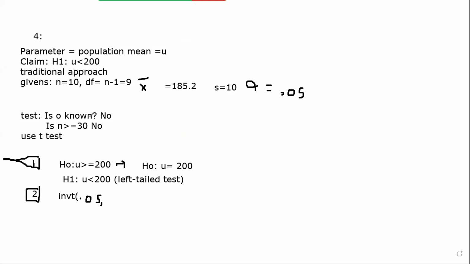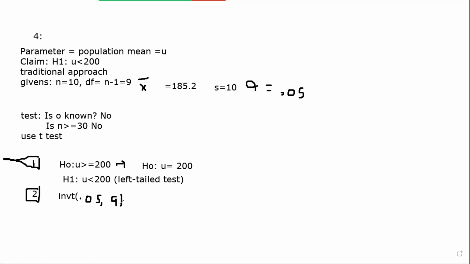And your degree of freedom, we have that written down. It's 1 less than n. That's 9. So my critical value, let me do it off screen. This is second distribution, inverse t, 0.05, and we're doing 9 as my df.